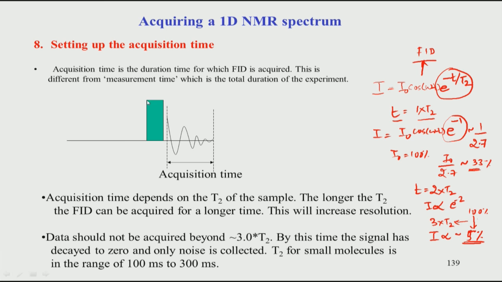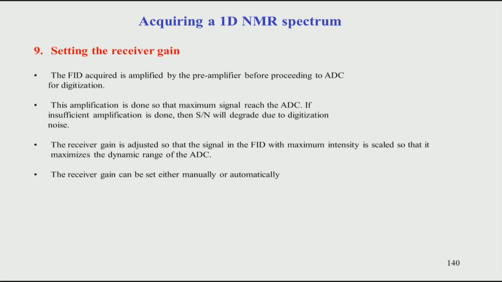For example, pulse width is in the order of microseconds. Relaxation delay is in the order of seconds. And acquisition time is in the order of 100 milliseconds. If one makes a mistake in remembering these time scales, the acquisition goes wrong and the spectrum comes out bad.